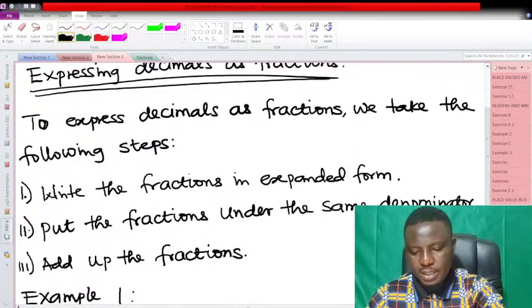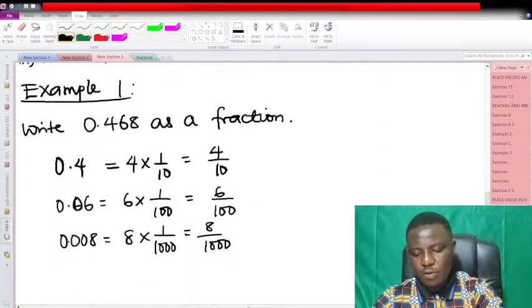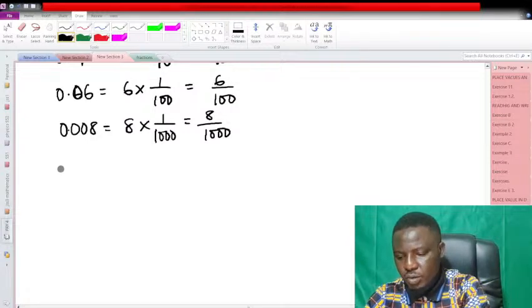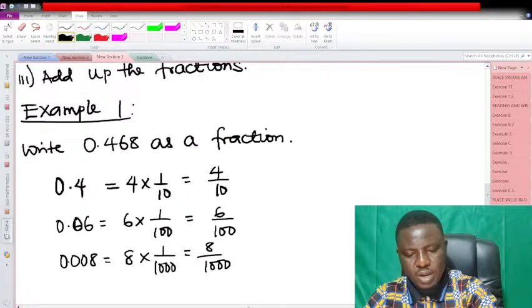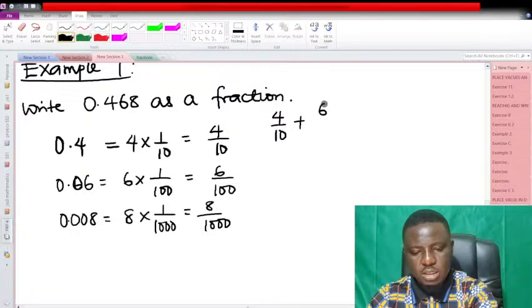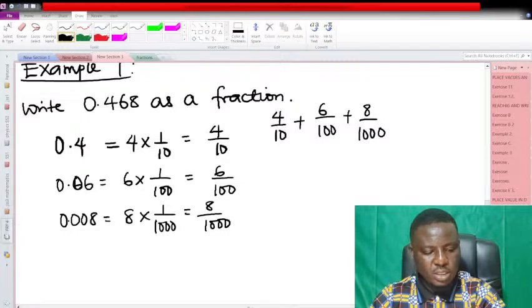That is step 1. Step 1 says you write the fractions in expanded form. So in expanded form, this can be written as 4/10 plus 6/100 plus 8 divided by 1000.